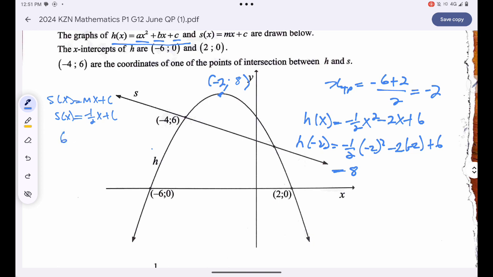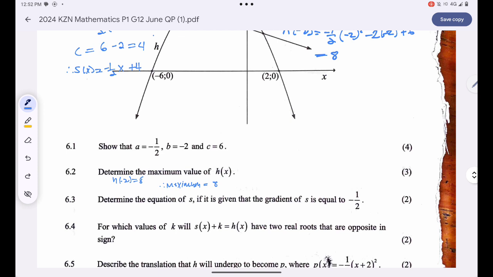I know that y is 6 when the x value is -4. So I simply have c being equal to 6 minus 2. That's equal to 4. Yeah? So the value of our y-intercept is equal to 4. Therefore, the equation of s of x is just -1/2 x plus 4.